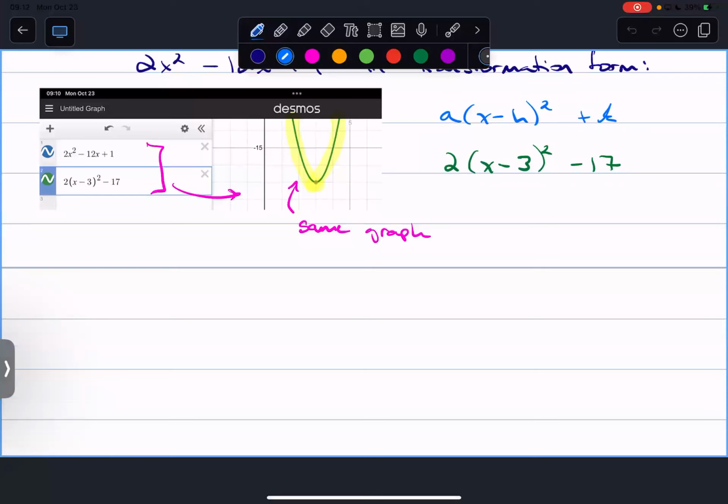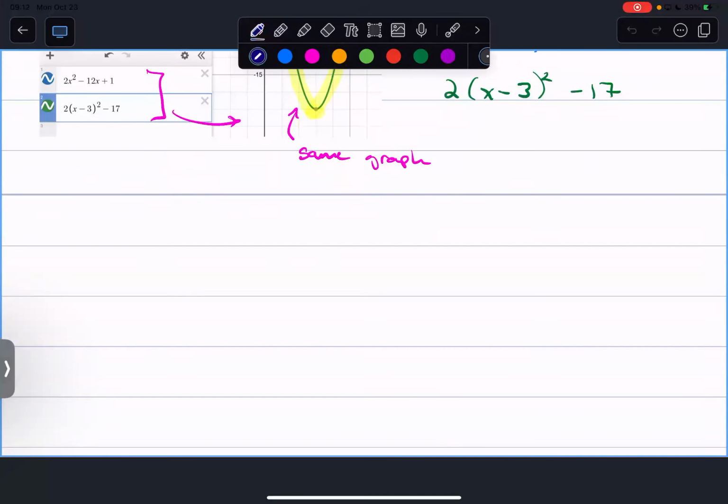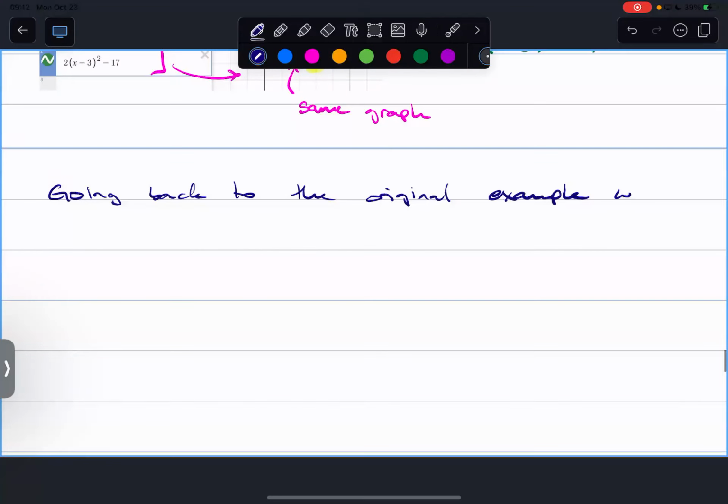So now, going back to the original example where we found the area as a function of L, it was -2L squared, I think.